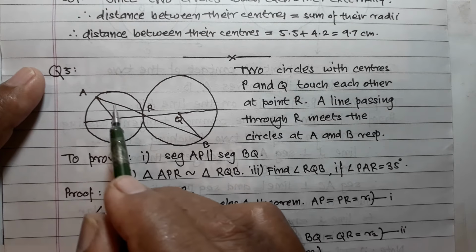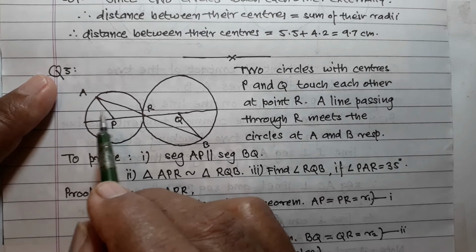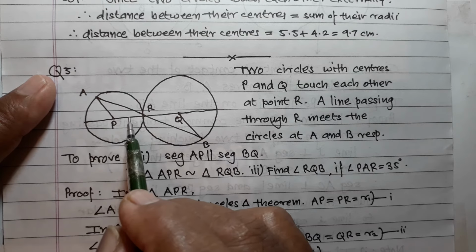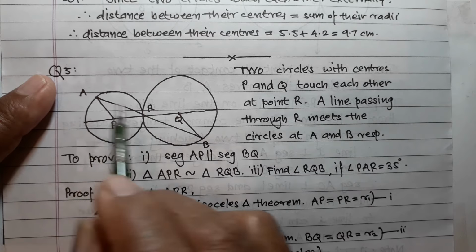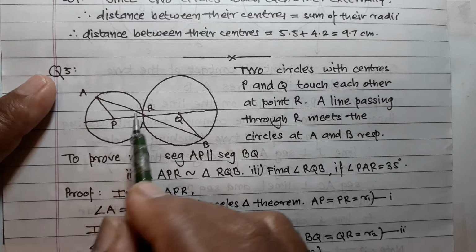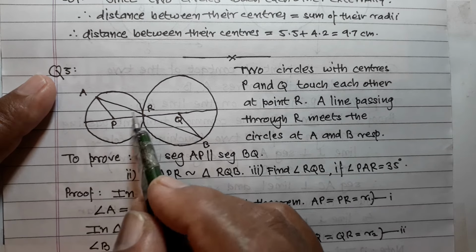Now in triangle APR, this side and this side are equal because they are radii of the same circle, and therefore by the isosceles triangle theorem this angle and this angle are equal.